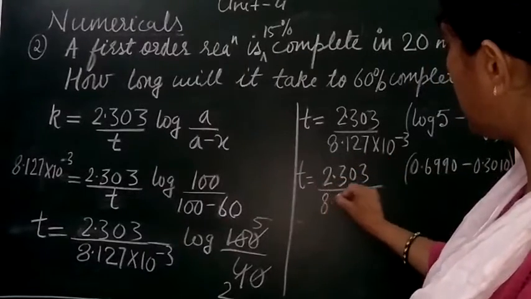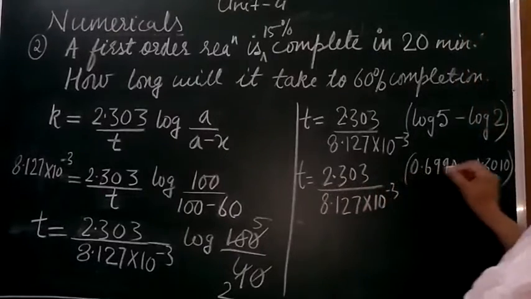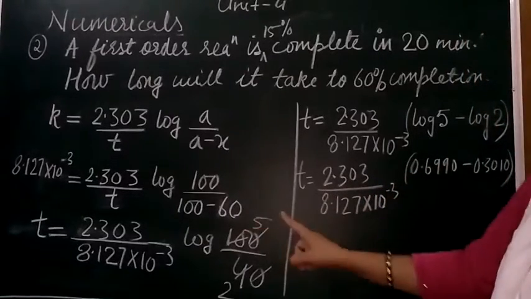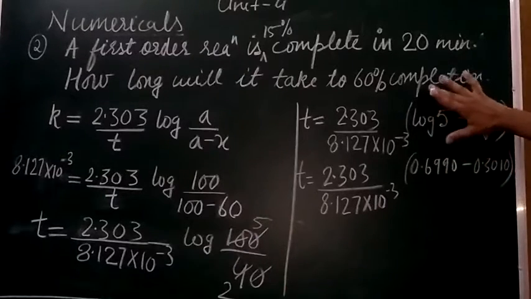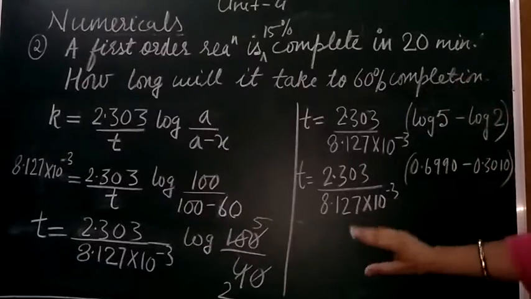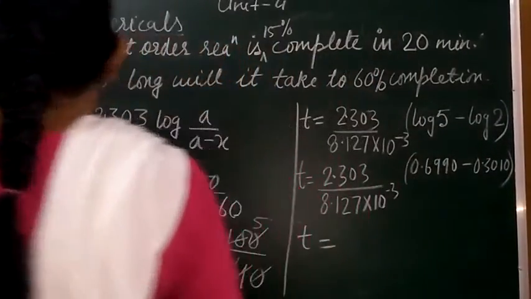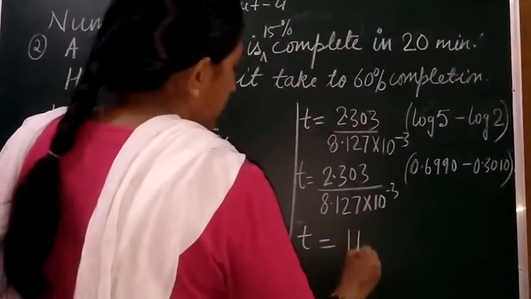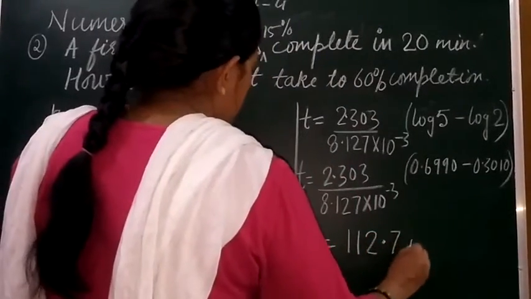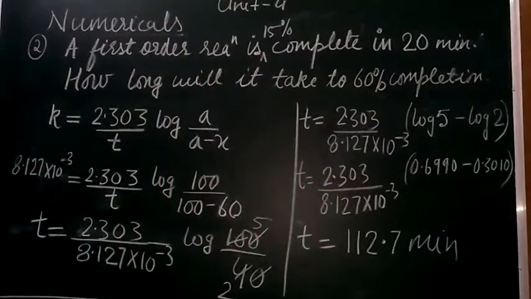You are not supposed to show it in this way. You can simply write log 5 upon 2, and this part you don't need to show. You can do it in rough, and you will just write down the direct answer, that is 112.7 minutes.